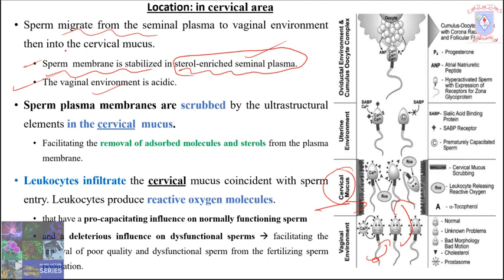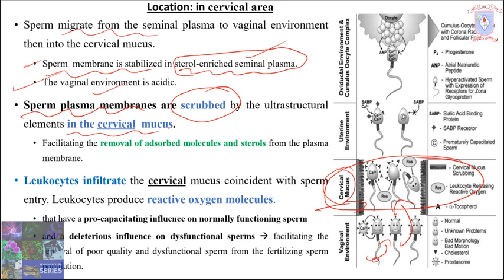But what will happen in the cervical mucus area? In the cervix region, the sperm plasma membrane is scrubbed by the ultrastructural elements in the cervical mucus. So the sperm comes into contact with the cervical tissue, isn't it?